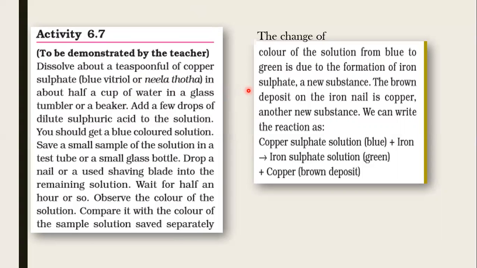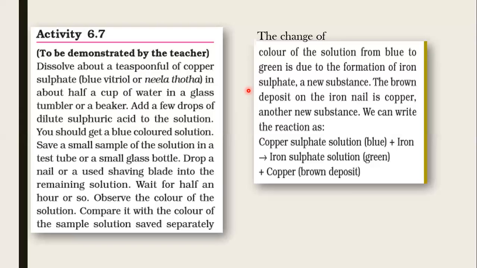So iron replaces copper from the copper sulfate solution and forms a new compound called iron sulfate. Because of the formation of iron sulfate, the color of the solution changes to green.